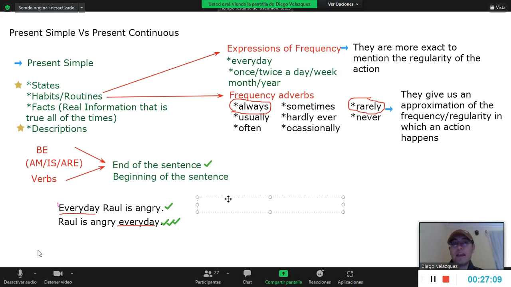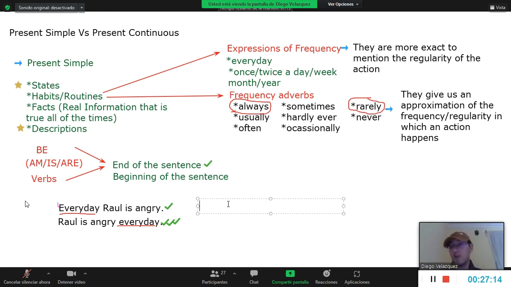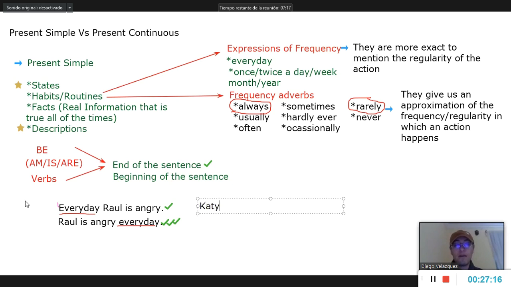Yes, teacher. Thanks. And well, even if we have a verb, guys, or other verb that is not the verb to be, the story is practically the same. For example, if I say Katia drinks tequila twice a day. Okay, so I know that Katia does this action, but with the specific regularity of 2 times a day, twice a day.